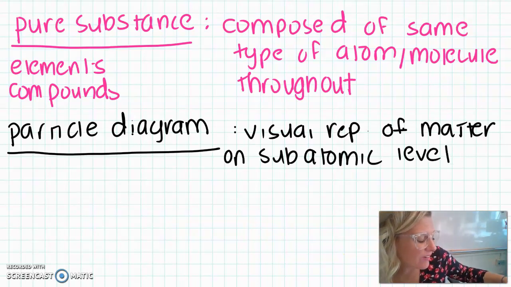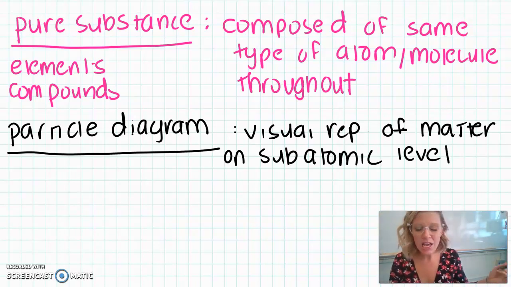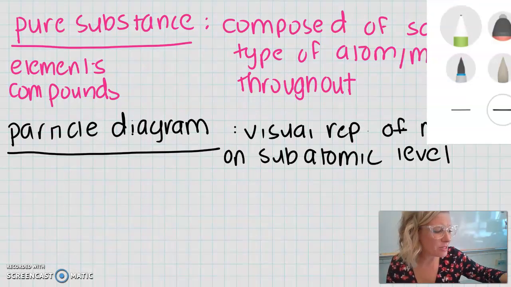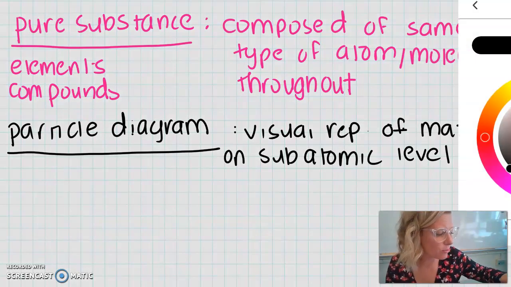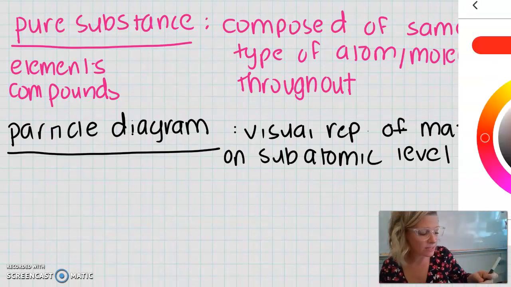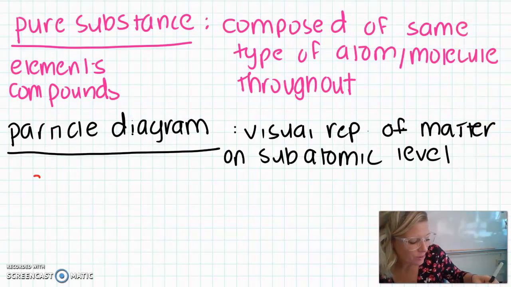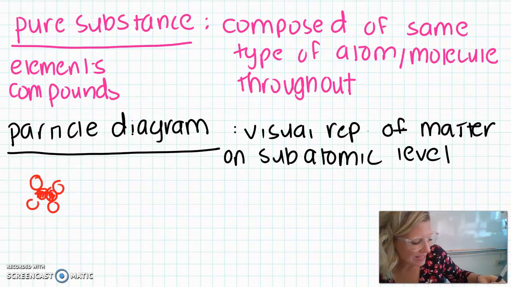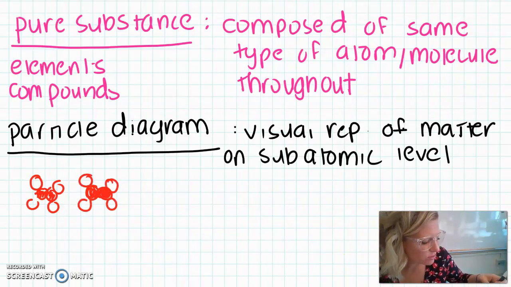If you're following along on the notes sheet that I provided for you today, there are 3 particle diagrams. I'm going to do my best to quickly sketch those, and I'm only going to do 2 or 3 of each molecule so we can get through this quickly. Let's take a look at our first one. It's a combination of this molecule and this molecule.